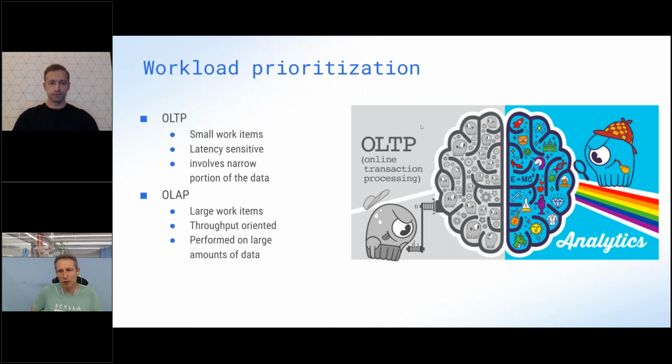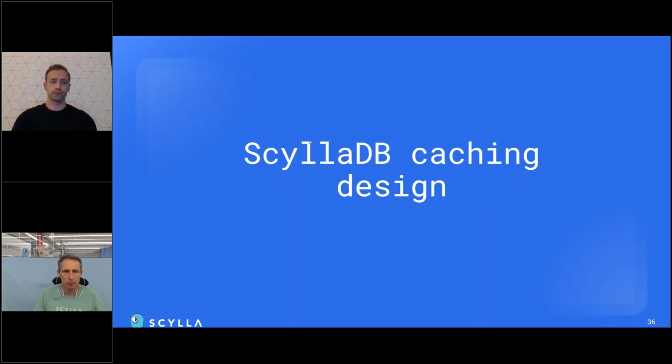And Scylla has properties that allow you to define which latency you want to get from each kind of workload. This is another example of information that the database actually holds, but the cache is completely ignorant of. So when you're using the cache layer, it's completely missing this meta information the database has. And by that, I hope I convinced you that putting an external cache in front of Scylla might be problematic.